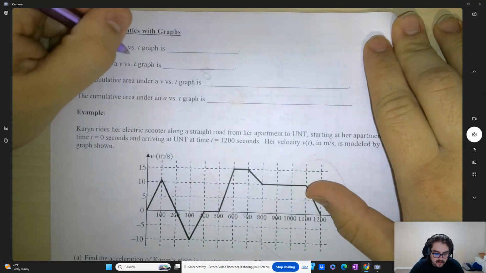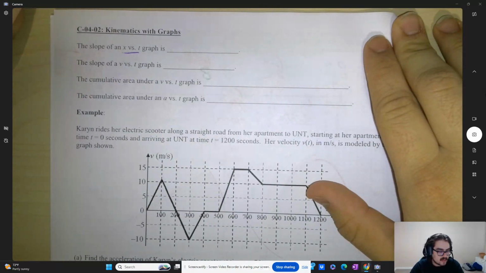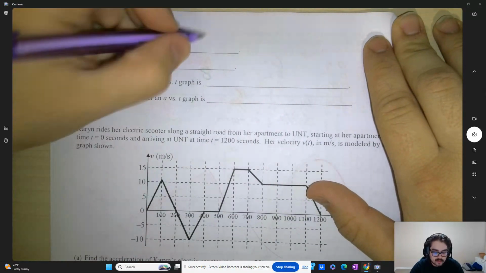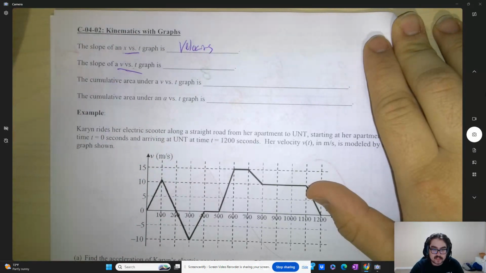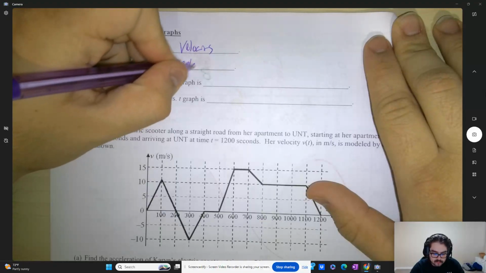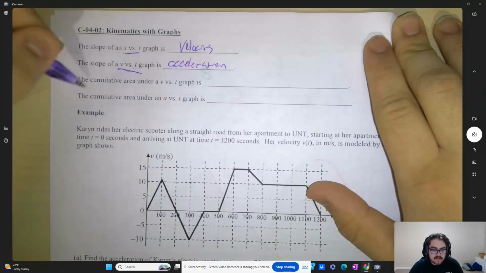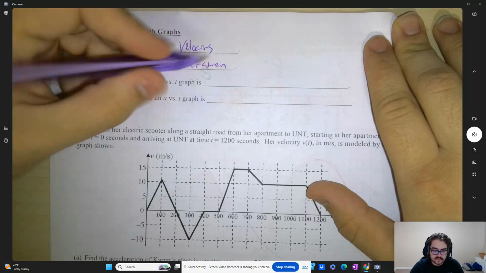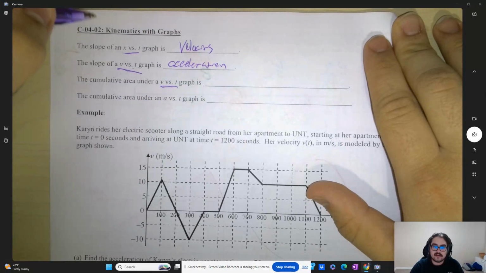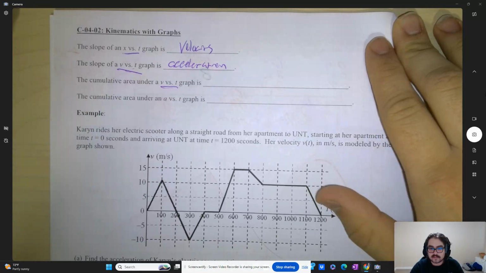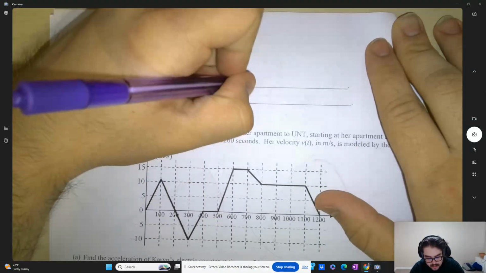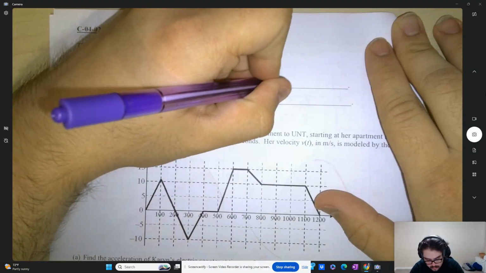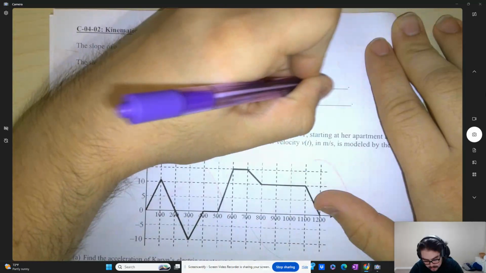Okay, let's talk really quickly about kinematics with graphs. If you have an x versus t, or position versus time graph, the slope of the line at any point gives you the velocity. If you take the slope of a v versus t graph, that gives you acceleration. If you take the cumulative area under a v versus t graph, with sign considered as well, then it would be the change in position, or displacement.